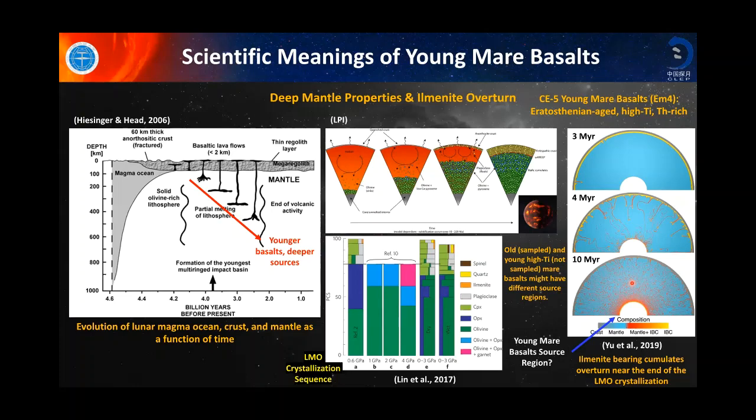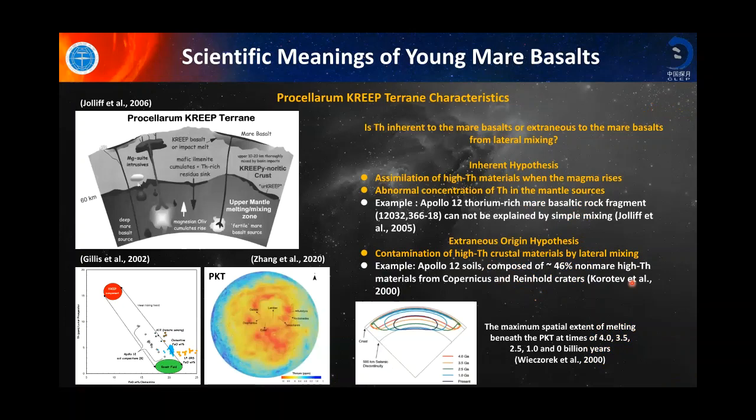Okay, the last one is the PKT characteristics, because we still have lots of unknowns about the PKT. The question I want to highlight here is whether thorium or other heat-producing elements are inherent to Mare basalts or extraneous to the Mare basalts from later mixing.